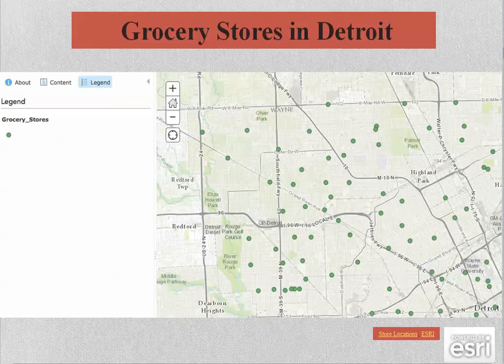When it comes to public service, just producing a map on the fly of what it is you want to see in the area that you live, like for instance this example here, grocery stores in Detroit, how beneficial this is to simply know where things are and have the information shared with you so quickly when you're walking around or on the go. Just think how much easier life is because we have that information.